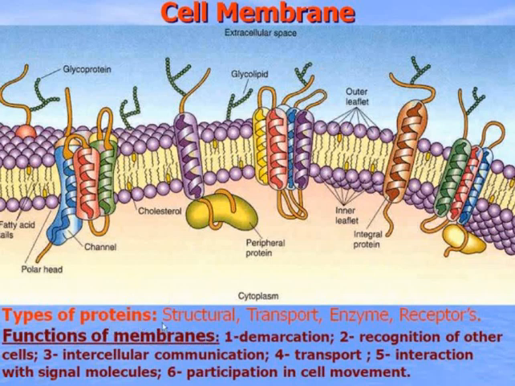And types of proteins: structural, support the structure of the cell membrane; transport, provides the transport of different substances; enzyme, catalyze chemical reactions; and receptors, like biosensors, accept chemical or physical signals from outside the cell.